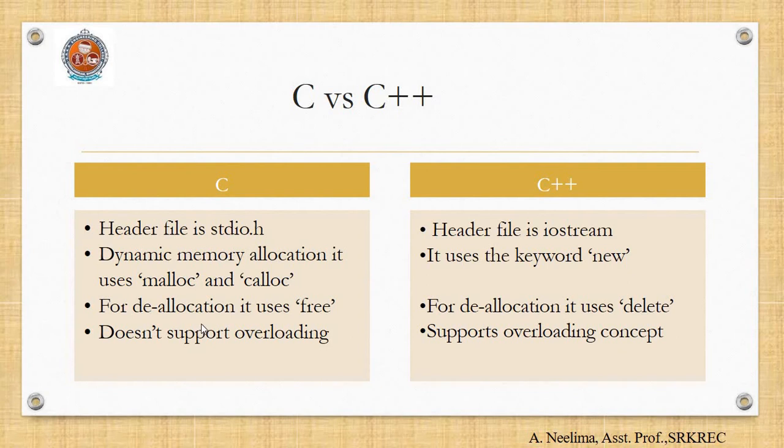For deallocation, in C we use the free function, whereas in C++ we use delete. C does not support the overloading concept, whereas C++ supports the overloading concept. This is the main difference between C and C++.